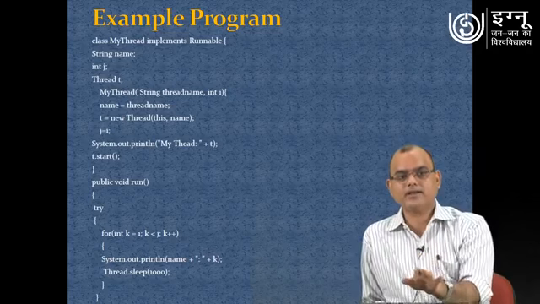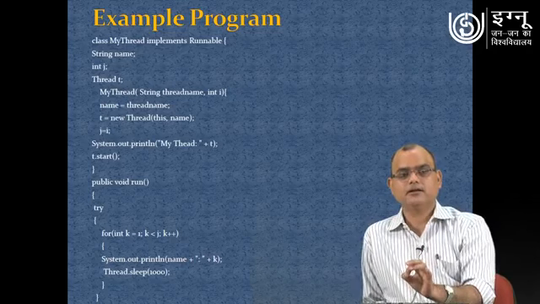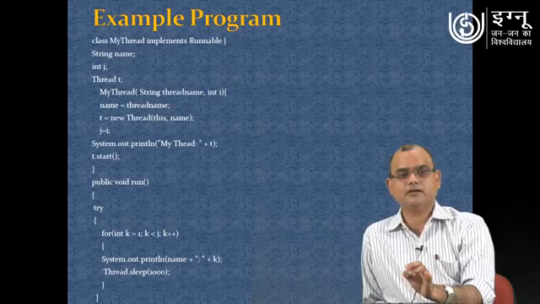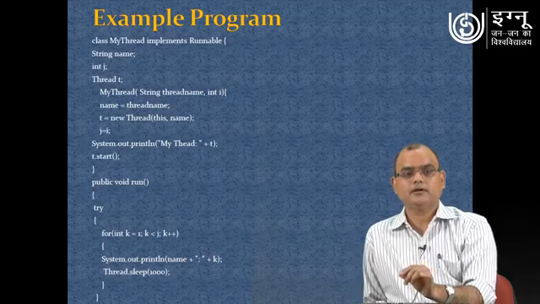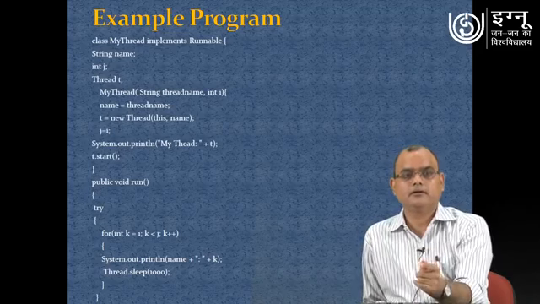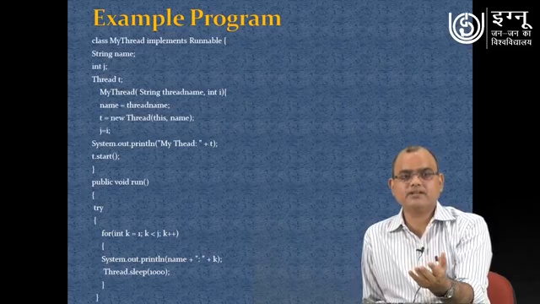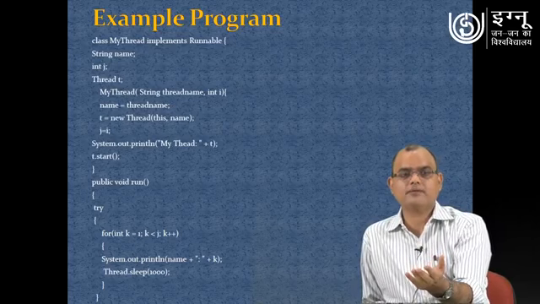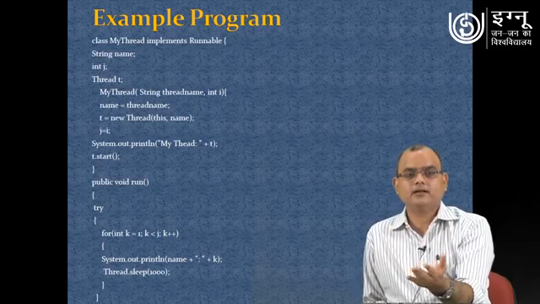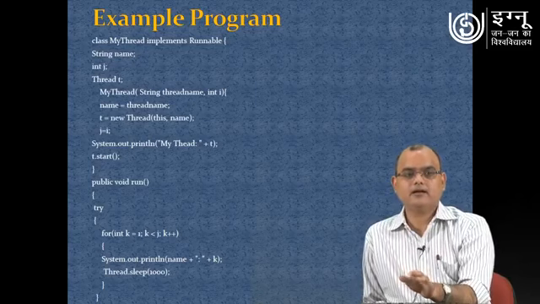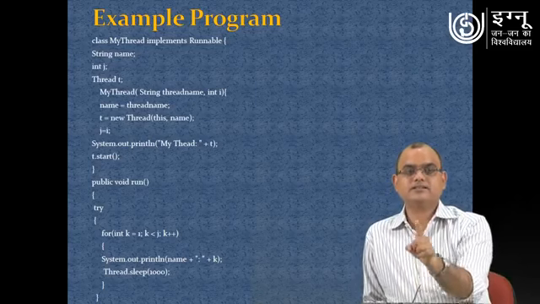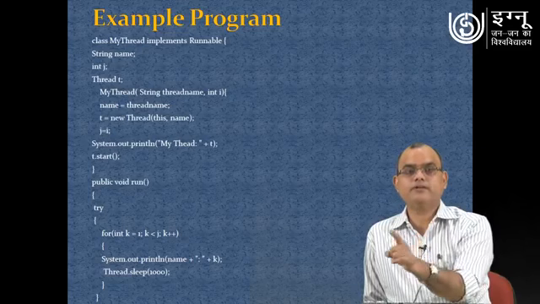Now what we are doing inside the run method? Inside the run method you see a for loop is running, and inside that for loop we are trying to run the thread that many times, and that j is what? J is the value which we have passed.